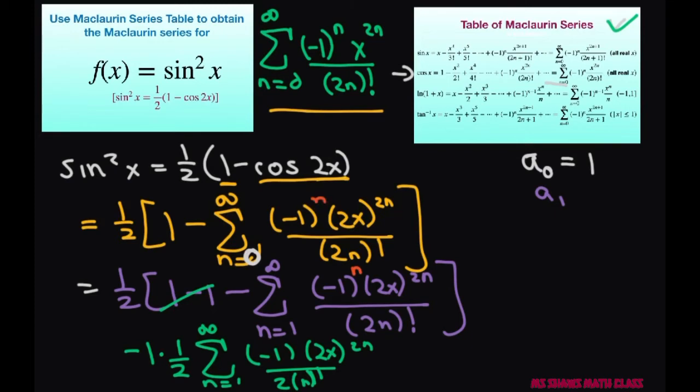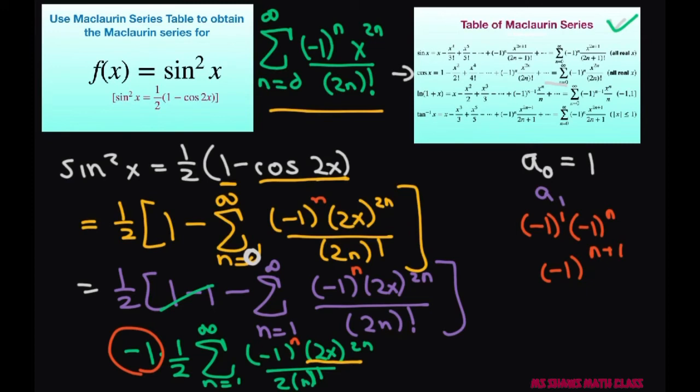All right, now when you multiply -1 times -1 to the nth power, that's just going to be -1 to the n plus 1. Also, we have 2x to the 2n power.